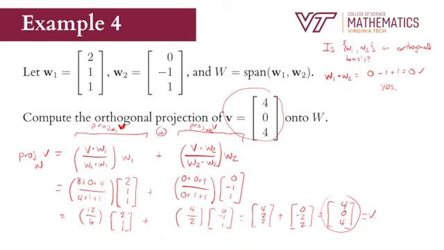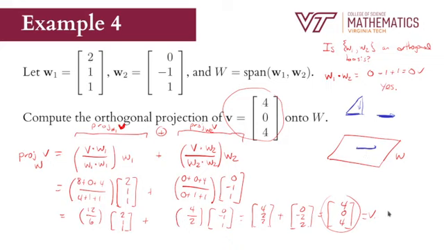So what does that mean when V projects onto itself? Well, it means that W contains V. That is, V is already in W, and so there's no perpendicular, it's like a dot. It's a triangle that has collapsed downwards so that the adjacent side and the hypotenuse are right on top of each other.